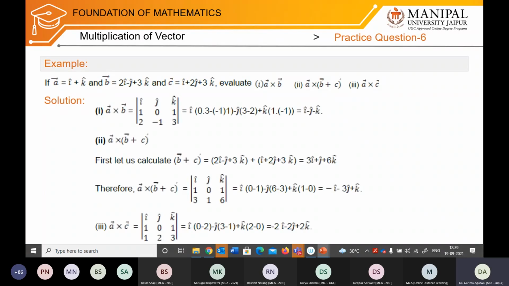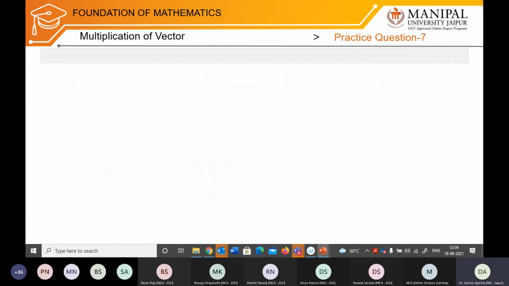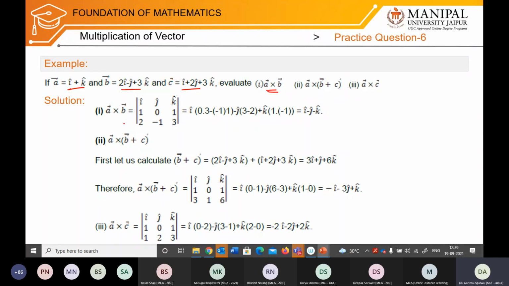For example, I have vectors a, b and c, and I need to find a cross b. How can I find a cross b? I just write i cap, j cap, k cap in the first row. The coefficients of a are 1, 0, 1, and the coefficients of b are 2, minus 1 and 3.